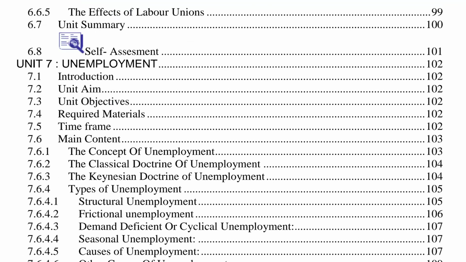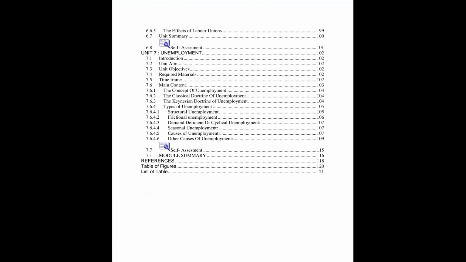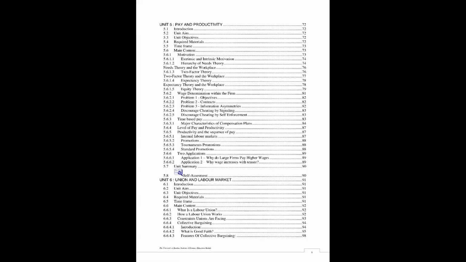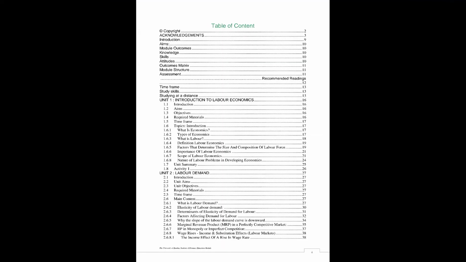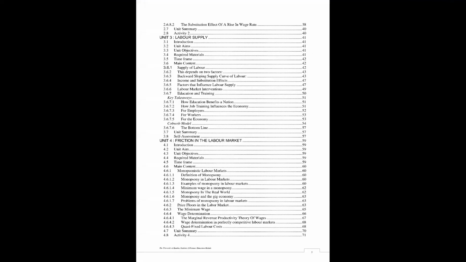So to summarize everything, in labor economics, what is it that we study? Number one, we will look at mainly labor demand and supply of labor. Then from there, we'll look at the friction of this labor market, like what challenges there are in the market.